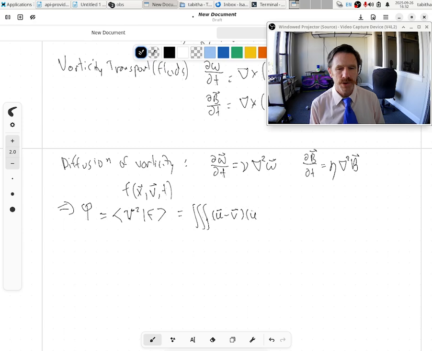And this is called the peculiar velocity, the amount that a given particle is differing from the bulk velocity. And so this will be a candidate, if you will, for a simple model.